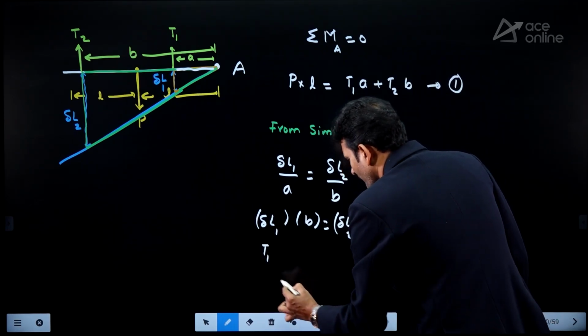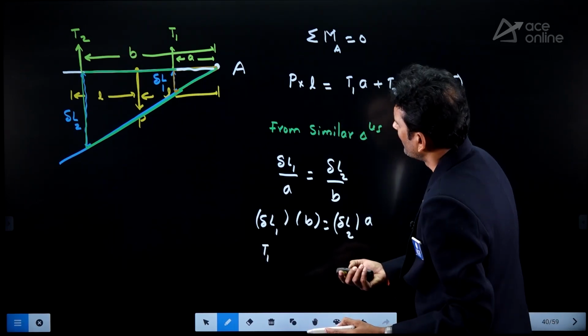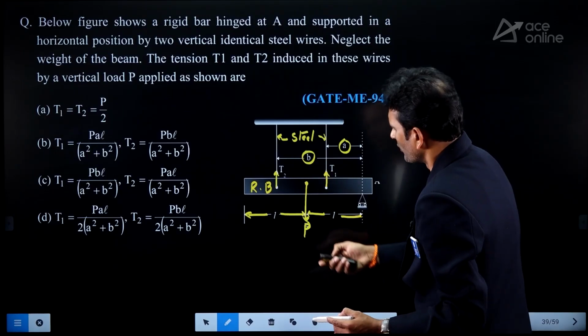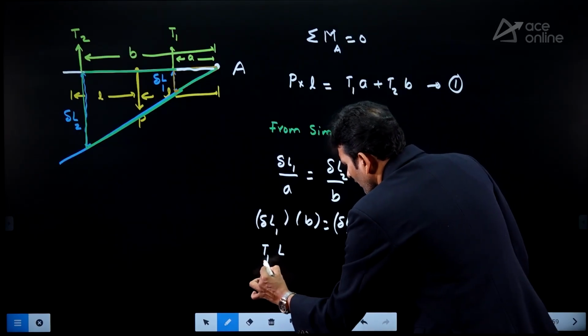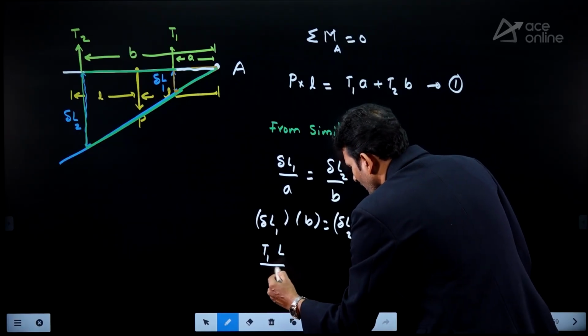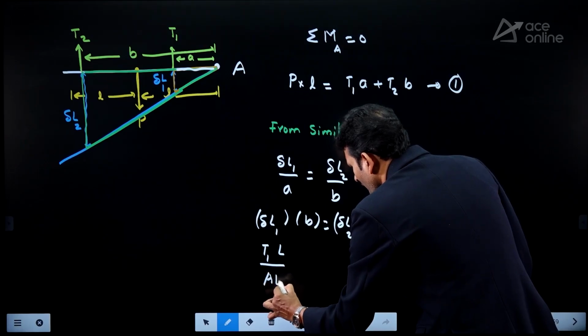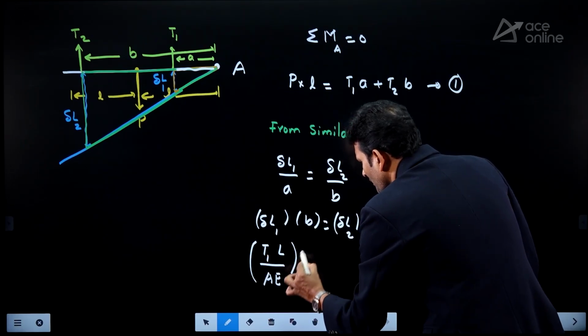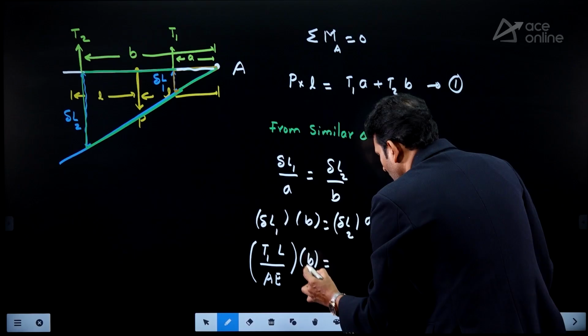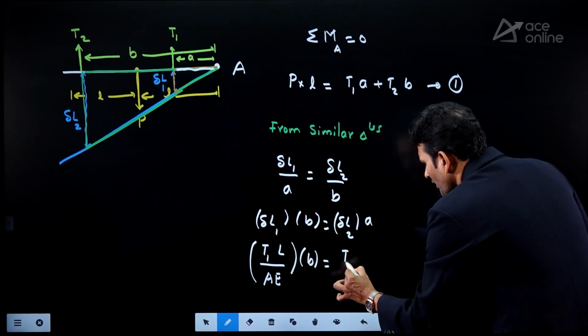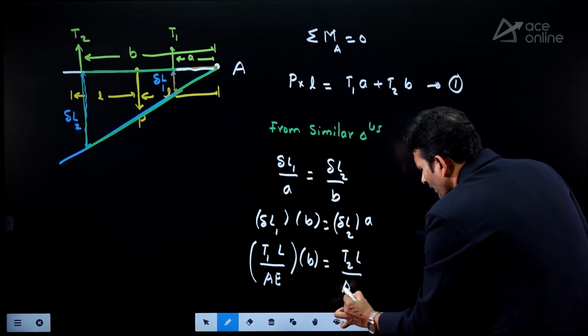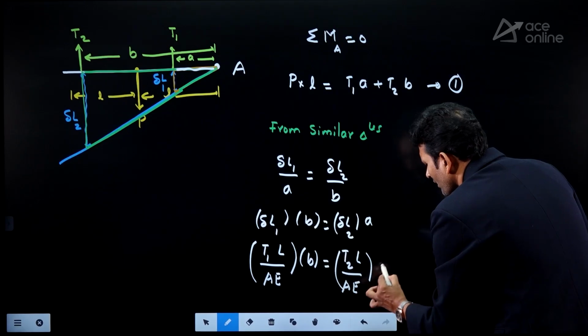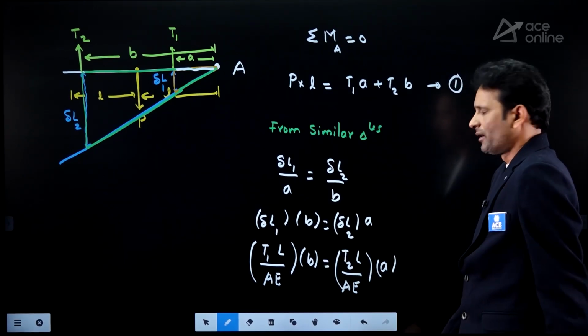T1, what is the length? Length is the same for both wires, clearly given. L divided by AE into B. Come to del L2: T2, L divided by AE into A.